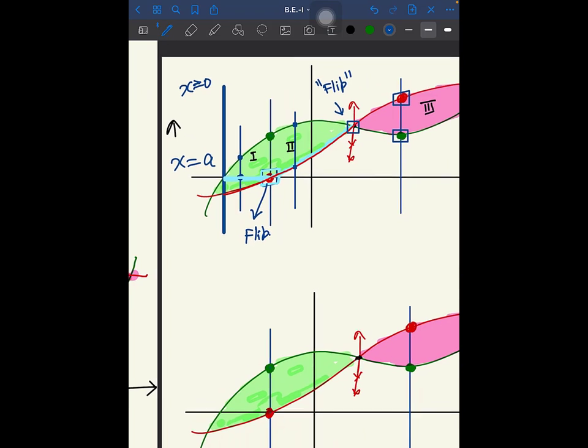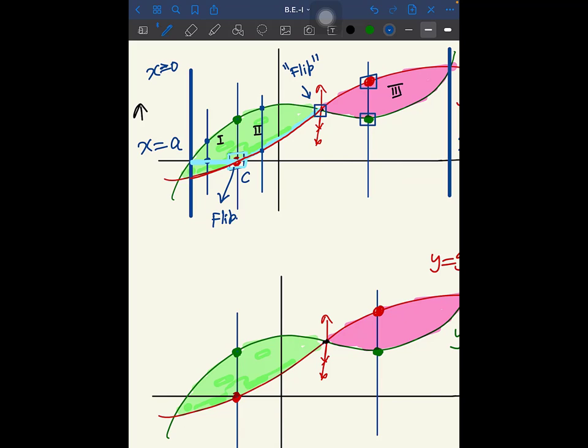right? So in this case, let's say you call it C and you call it C dash. So now x from A to C, this is your A and this is your C, and y you take from 0 to the green curve.